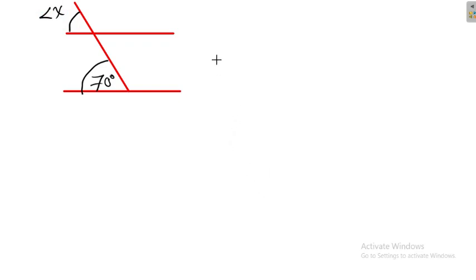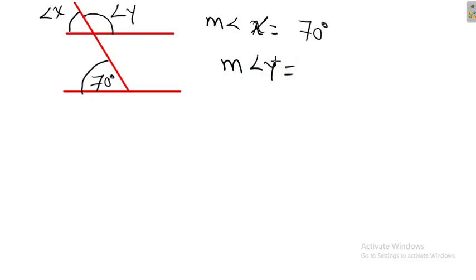Simply they are making a letter F. Measure of angle X will be 70 degree. What if I want you to tell me the measure of angle Y? Measure of angle X and measure of angle Y equal 180. Why? Because they are in a straight line. So one of them is 70, so the other will be 110.